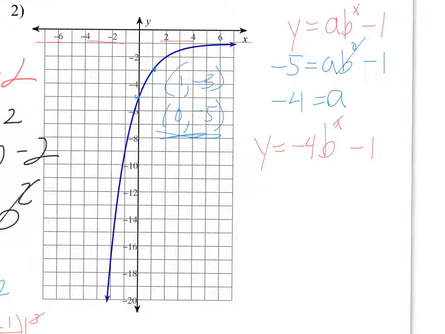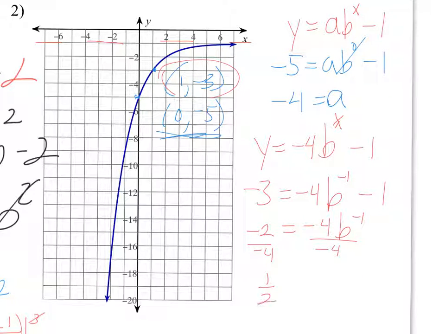I'm going to use my other point, 1, -3. -3 is equal to -4 b to the 1 minus 1. I'm going to add 1 to both sides. We get -2 is equal to -4 b. Divide both sides by -4.